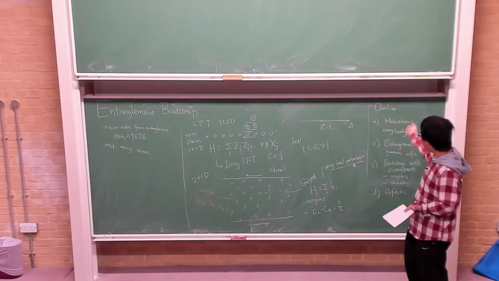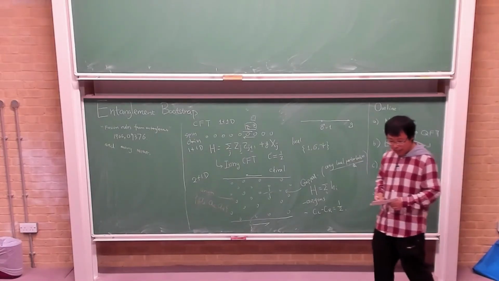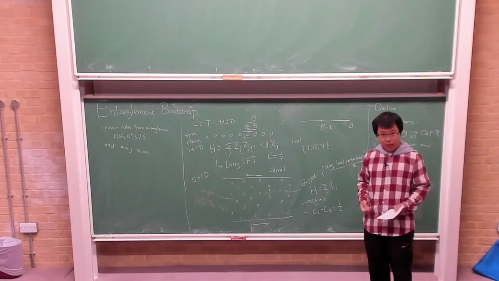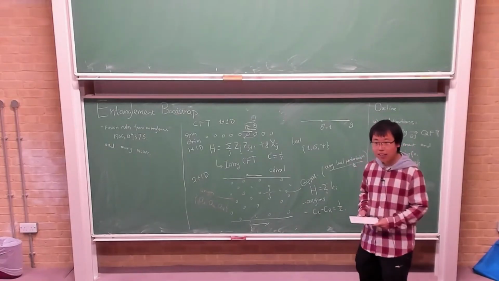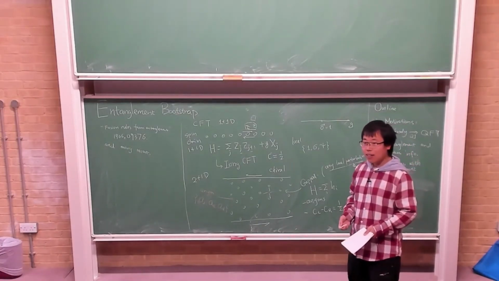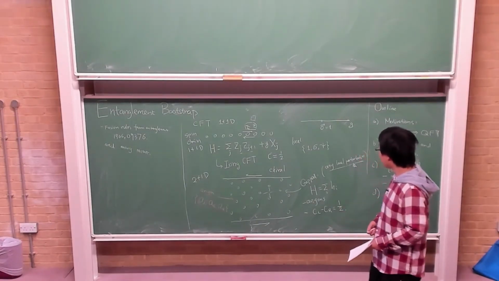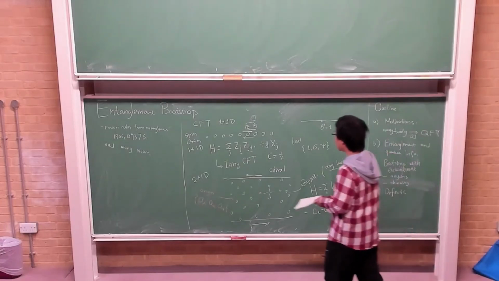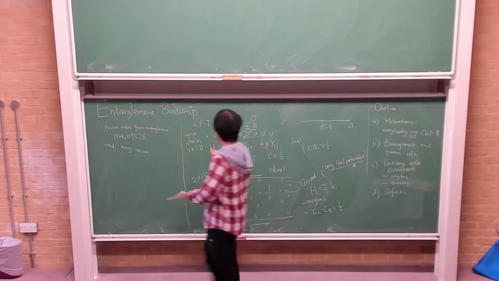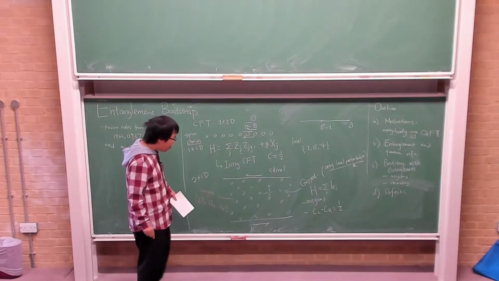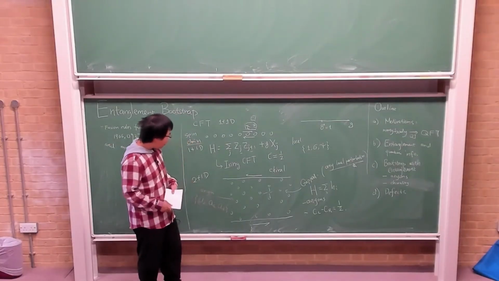But from field theory, of course, we all have nice tools to deal with them. But the question is, you are saying that the Ising chain can be written in an equivalent way.